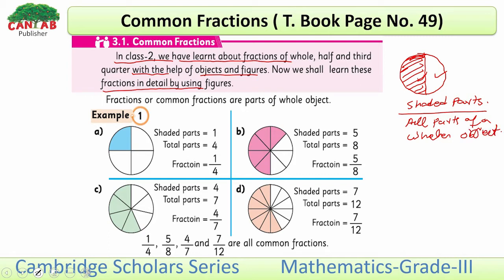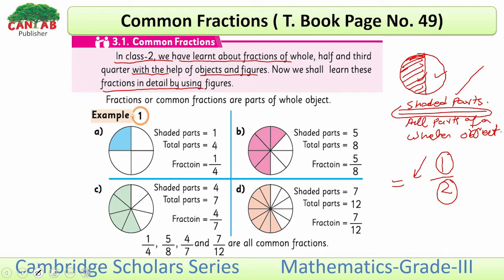This line is called the fraction bar, this is called the numerator and this is called the denominator. We write it as 1 over 2. 1 is shaded and 2 are all parts.